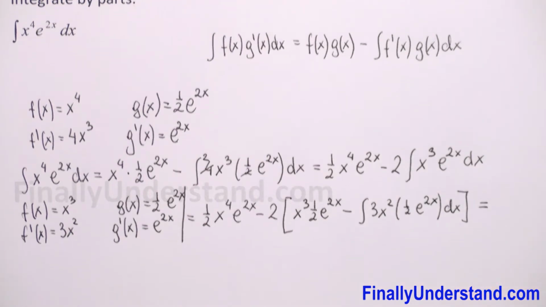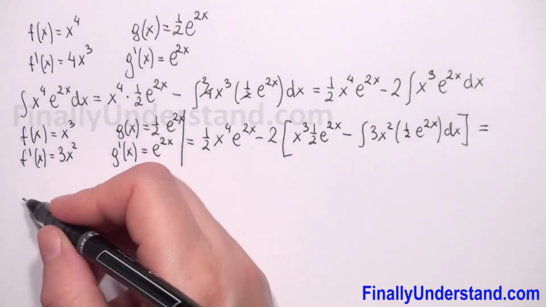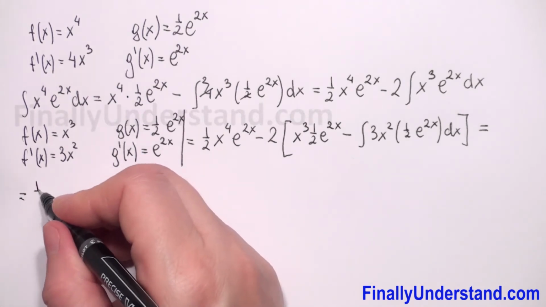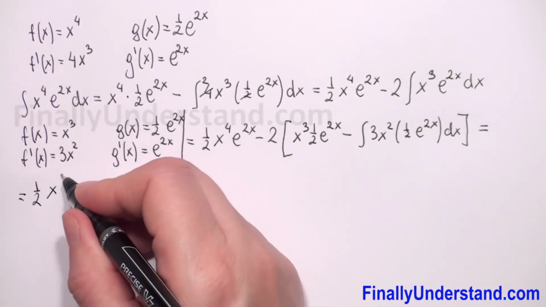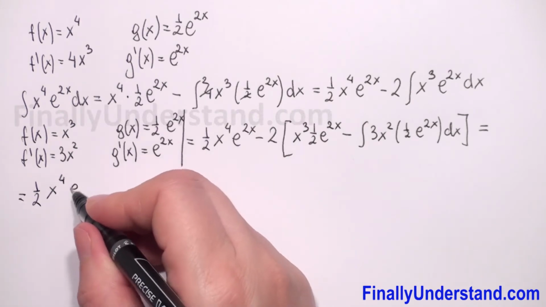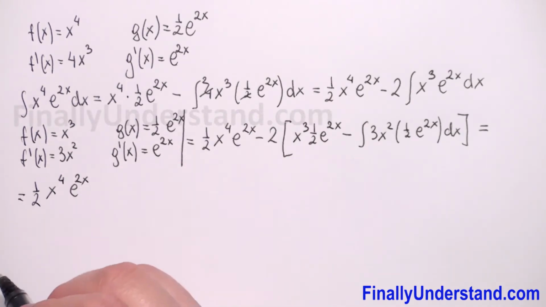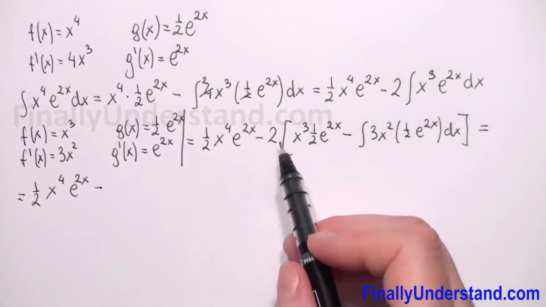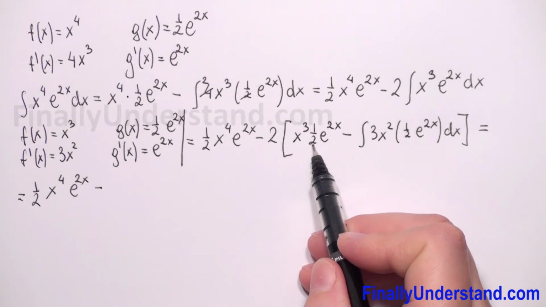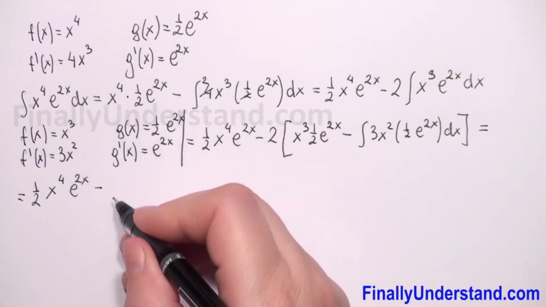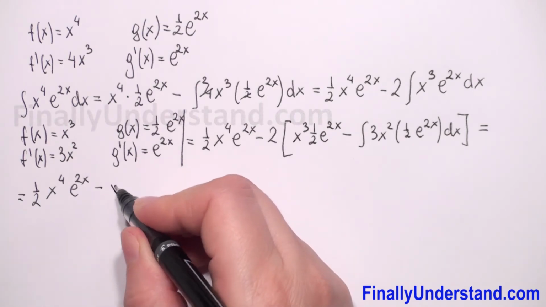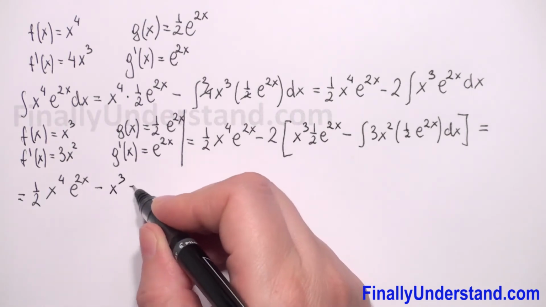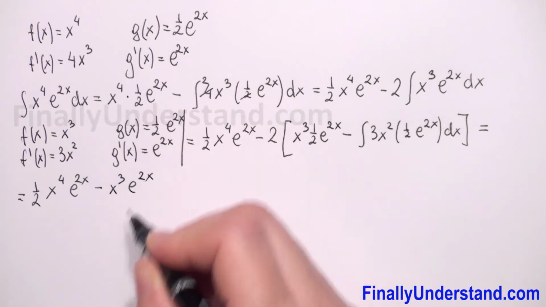This is equal. Beginning we have to rewrite. We have 1/2 x to the 4th power e to the power 2x, and we have negative 2 times 1/2 will reduce, so we'll have negative 1. You don't have to write it, just x cube e to the power 2x.